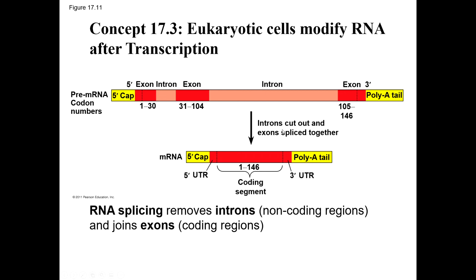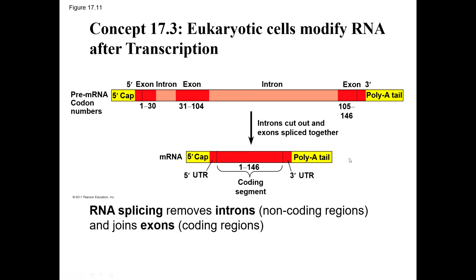Once the introns are cut out, the exons will be spliced together using some enzymes, similar to what we saw in DNA replication, where some of those enzymes were like DNA scissors, some were like DNA paste. And then we have two more things added. On one side, we have something called a poly A tail.